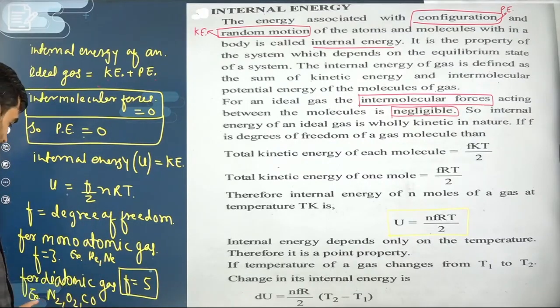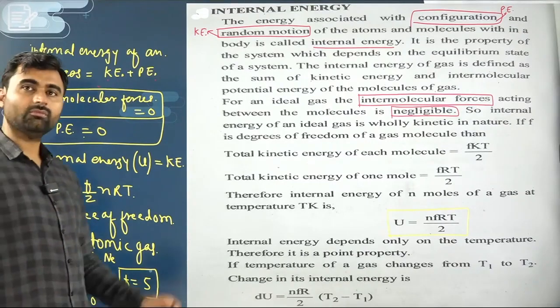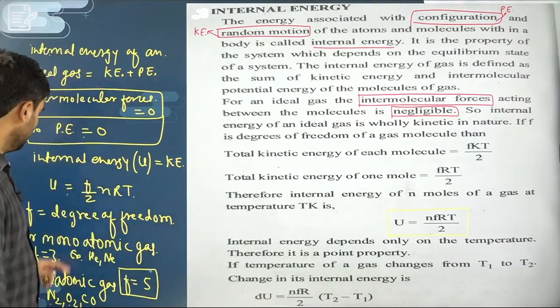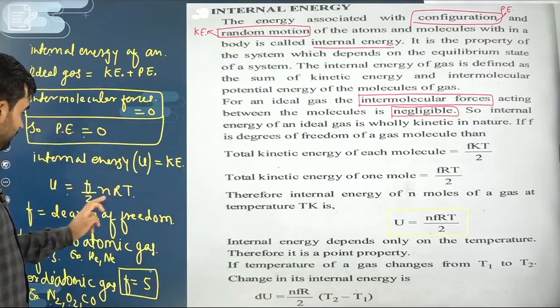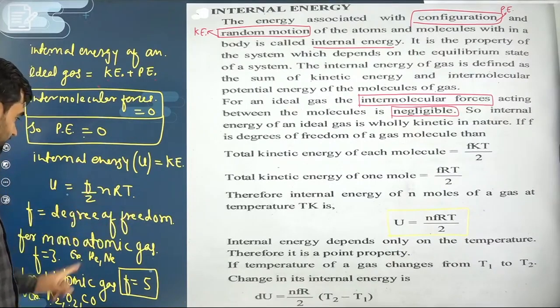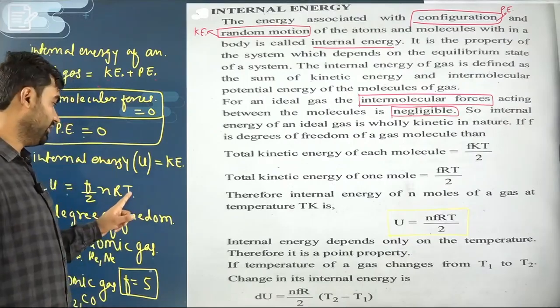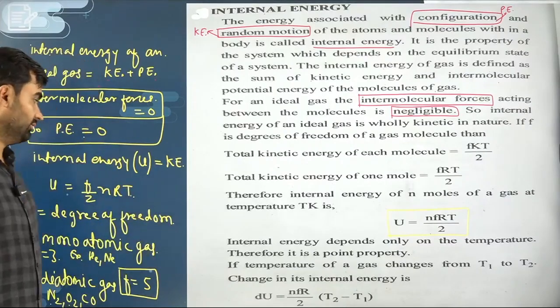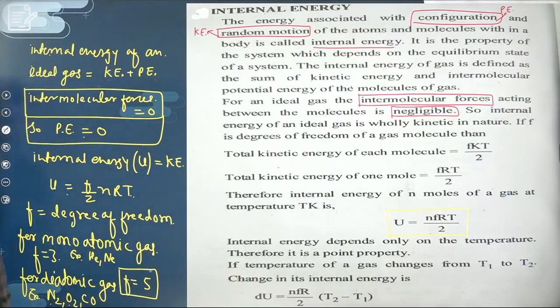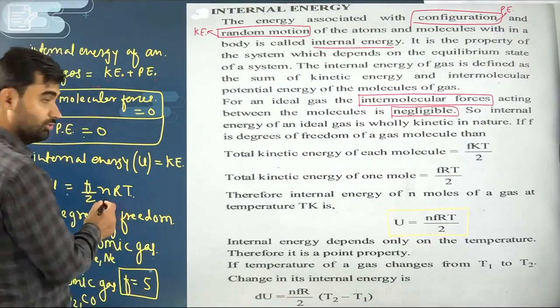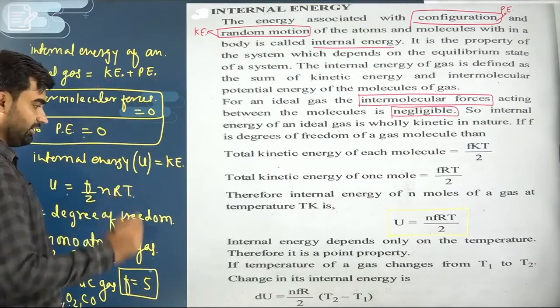For diatomic gas, F equals 5, examples N2, O2, CO. Others are also there. The formula of internal energy is F by 2 nRT. What is F? Degree of freedom. N is the number of moles, R is the gas constant, and T is temperature.